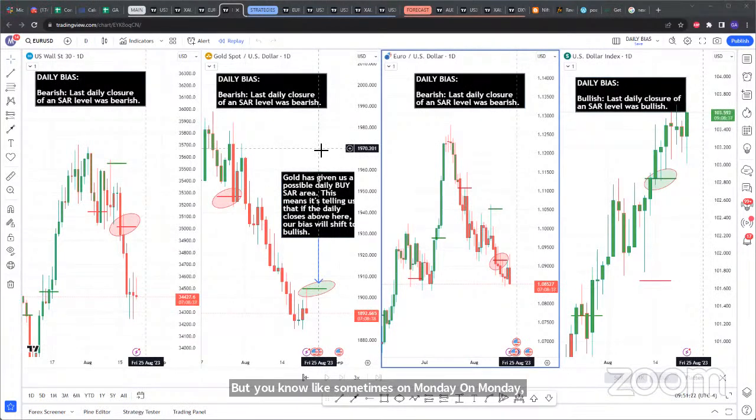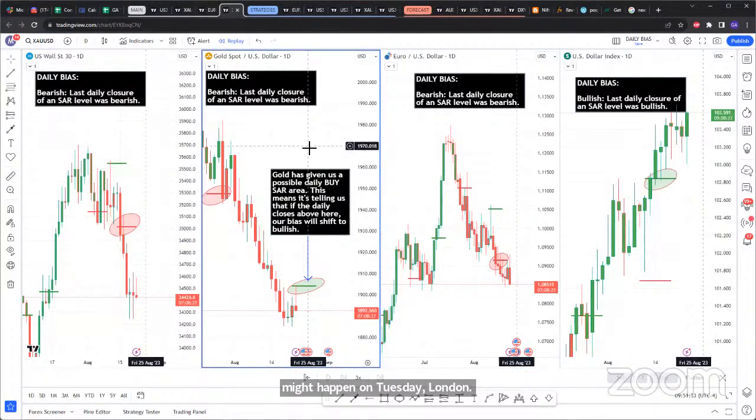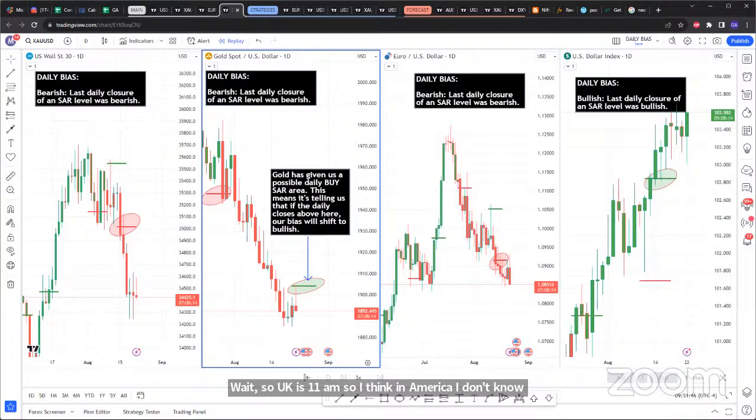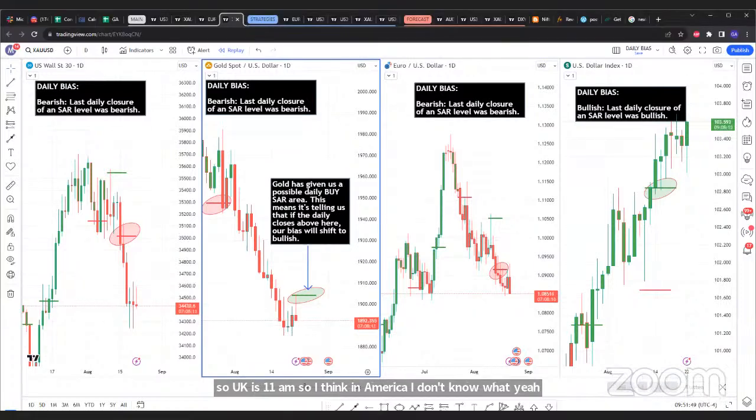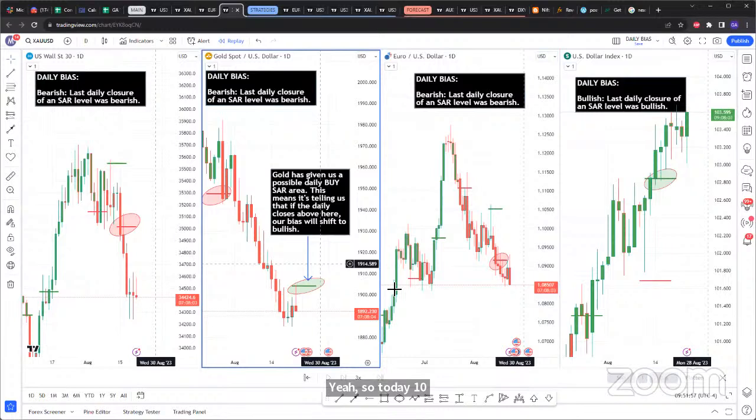It might happen on Tuesday, London, right? Yeah. So in that sense, the manipulation won't happen on Monday. It might happen on Tuesday, London, and then you might have to look for the trades from Tuesday, London. So in terms of time, UK is 11 a.m. I don't know what time that would be in America, but right now it's like 10 a.m. EST. So around 11:30 to 12.